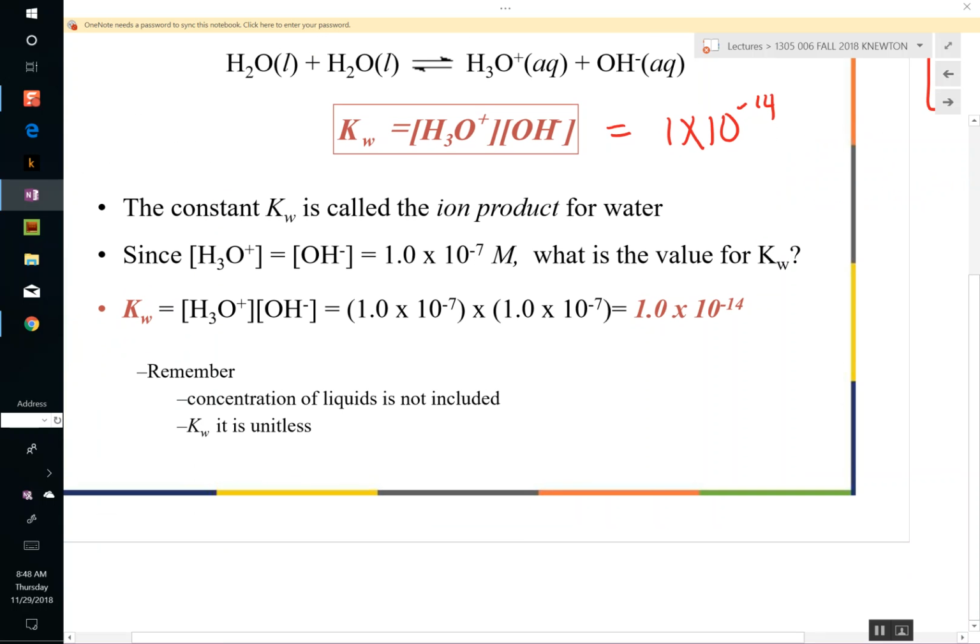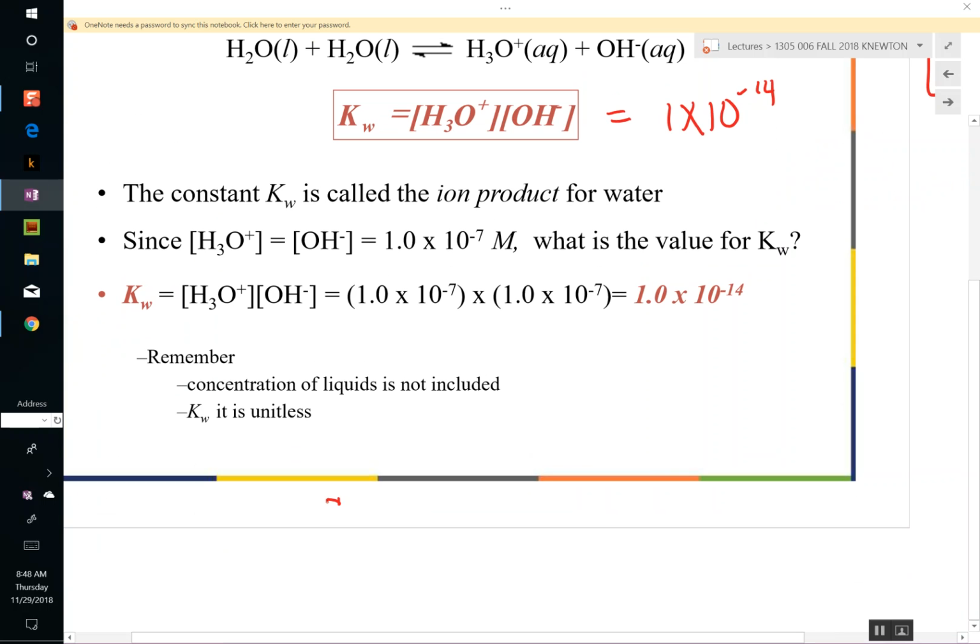So if you had hydronium ion, well, this is where this really comes from. That was 1 times 10 to the minus 7th molar, hydroxide ion, that is 1 times 10 to the minus 7th molar.